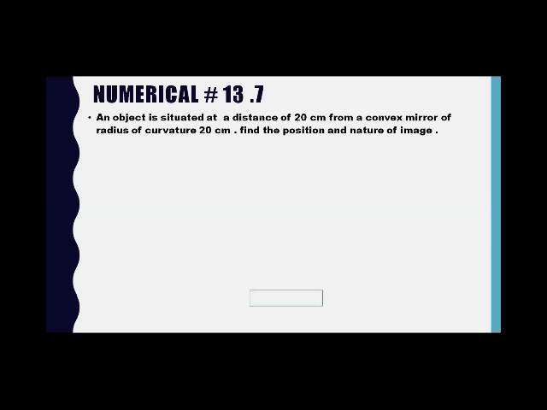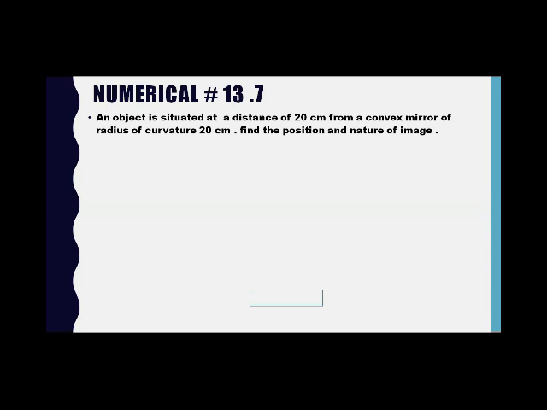Now let's see. This numerical is matching with the previous one, like 13.6, because here radius of curvature is given, and in the previous one radius of curvature is also given. So here an object is situated at a distance of 20 centimeter, meaning object distance is given. Image distance is not given.